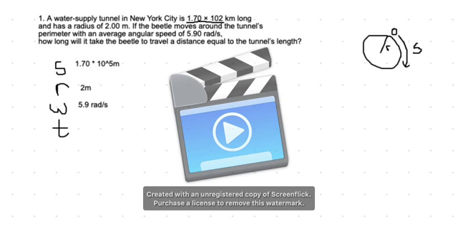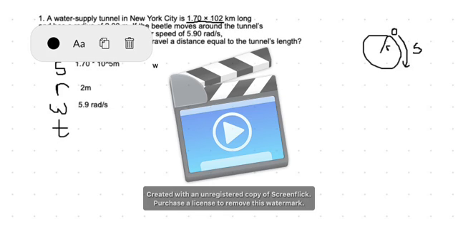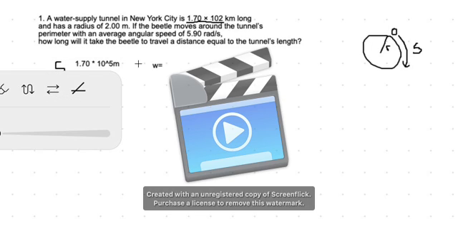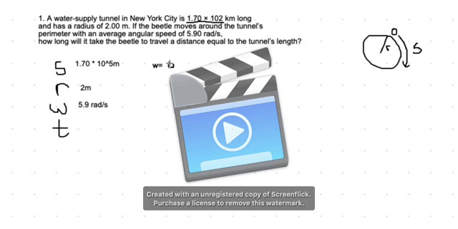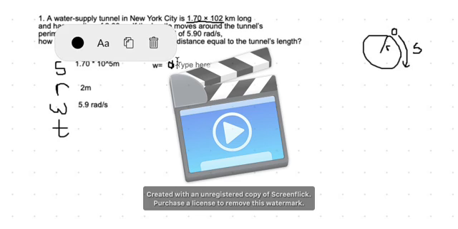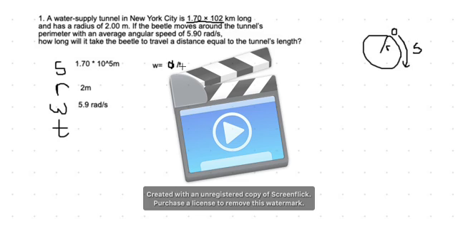We've been given a formula that includes time, which is that the average speed, or W, of the beetle is equal to theta divided by time. I just need to turn that formula around so that it's solving for time. So I'm going to multiply both sides by time, which gives me time times the speed is equal to theta.